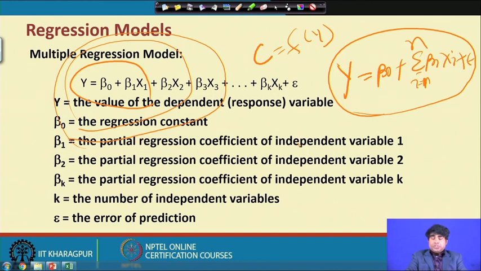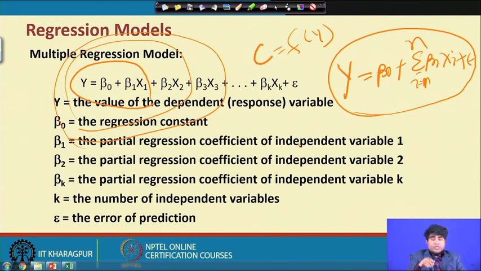So, when there is no income, there is still consumption, and that consumption will be taken care of by the intercept. Okay. So, the consumption of a particular individual may not depend upon his or her own income, but on somebody else's income or something like that, right. So, that is how the intercept will be there in the system.